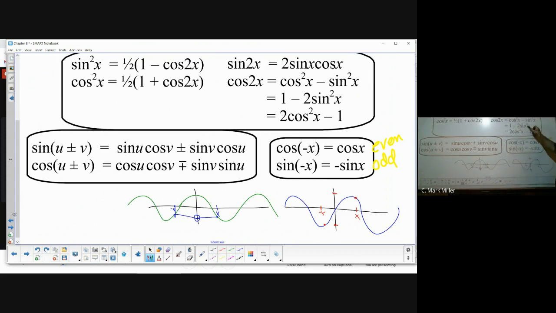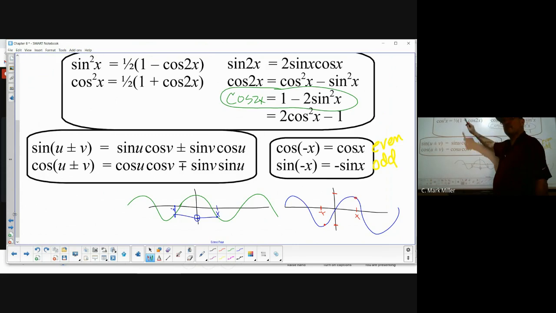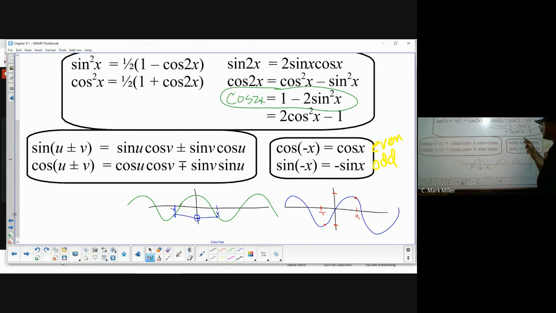In this one right here, what if I solve for sine squared x? Because this is cosine 2x, right? So in this relationship, if I solve for sine squared, I have this. And if I solve for cosine squared in this relationship, I would have that bottom. So these are all in one big happy family.